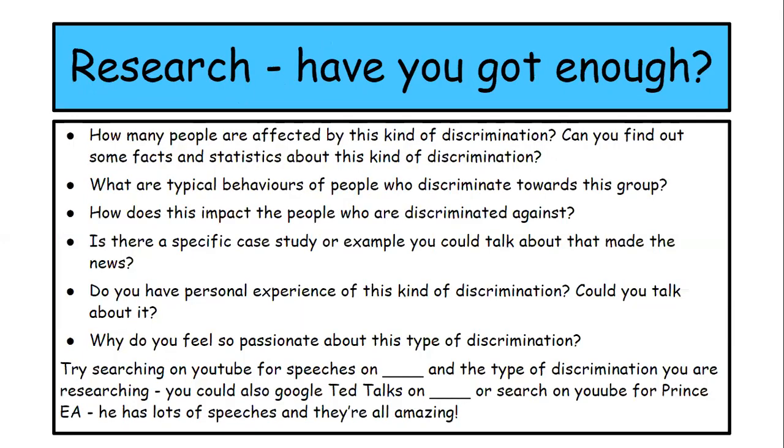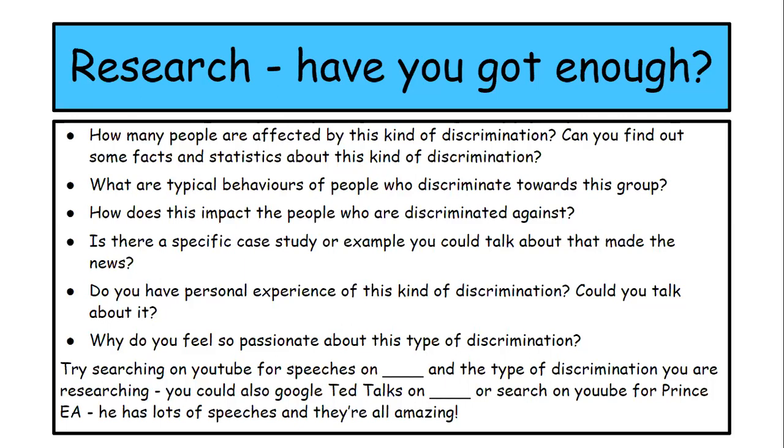So these were all of the things that you were asked by your class teacher to research. Okay, so now what we want to think about is, have you got enough? You don't want to get to a point where you're midway through a paragraph and you suddenly realise, I don't know that, because what you'll do is you'll lose the flow of your writing, or you just won't research it and then you won't go into as much detail. And as you've just seen, expressing more complicated ideas improves your grade.